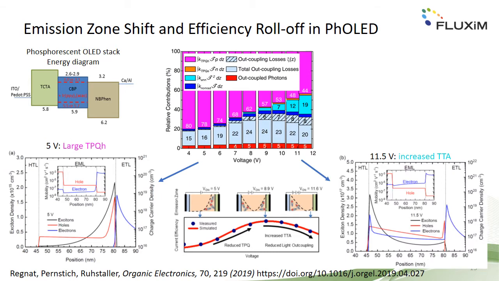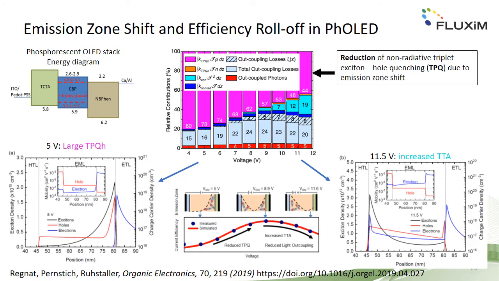However, if we increase the voltage to 11.5, for example, we see that the profiles shift strongly, and now we have the exciton shifted to the left. So this is actually the emission zone shift I just talked about in the previous example. But now the exciton maximum is no longer where the holes were accumulating on the right-hand side. So effectively, we have decreased triplet polaron quenching.